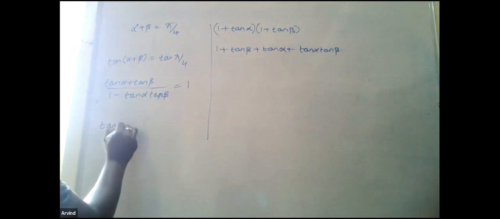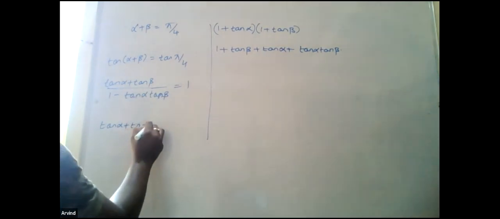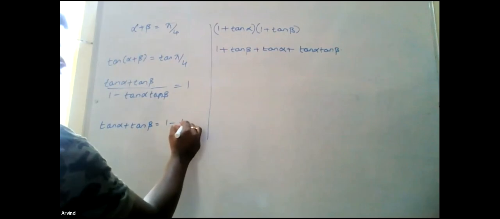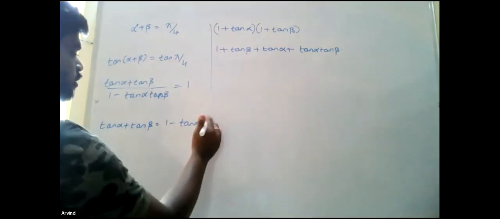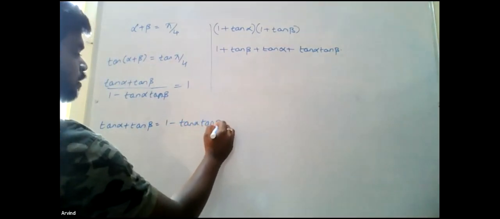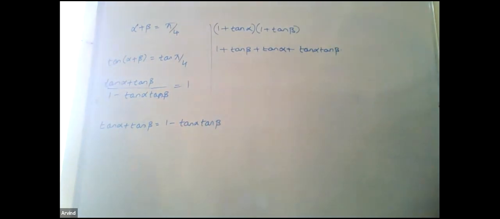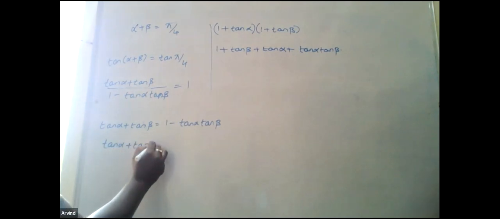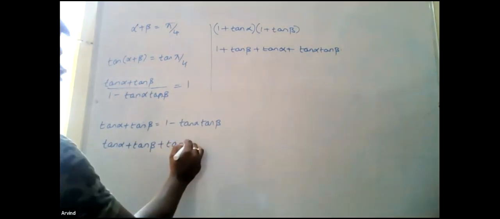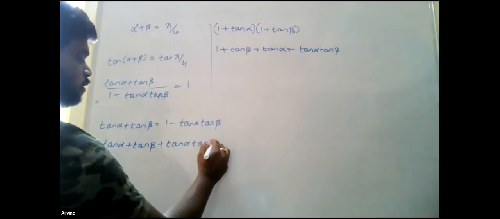So tan alpha plus tan beta equals 1 minus tan alpha tan beta. Just observe, take this minus tan alpha tan beta to this side: tan alpha plus tan beta plus tan alpha tan beta equals 1.